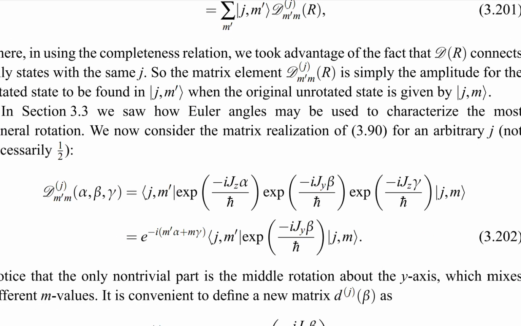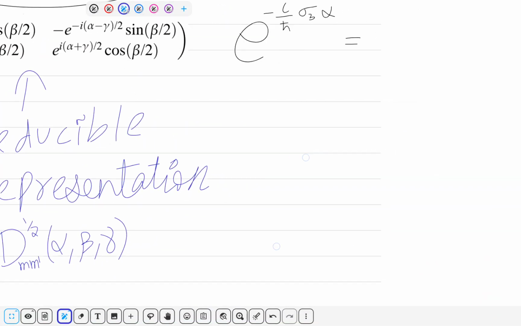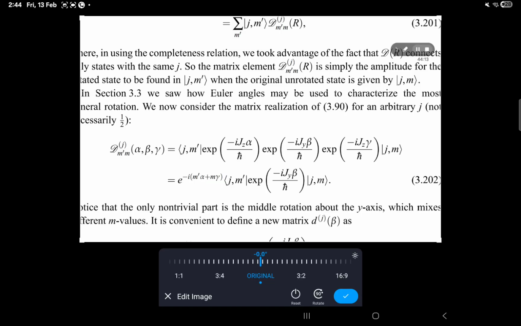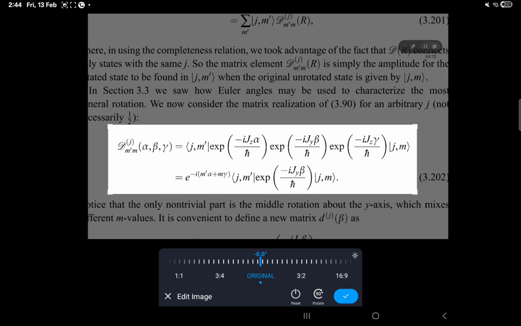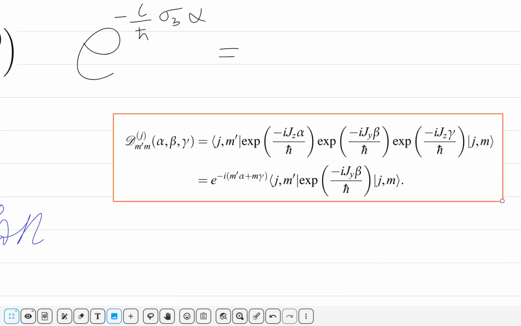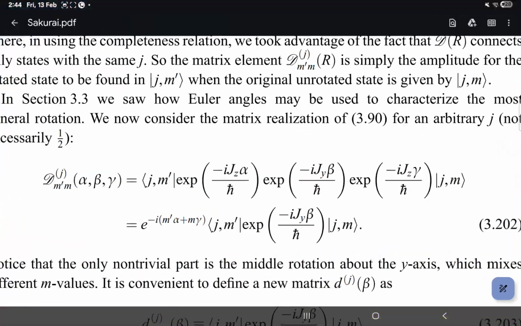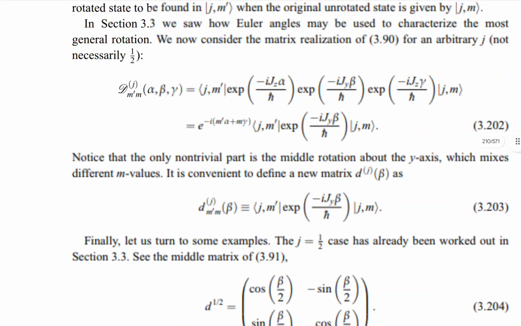This is an important result. So what we have is, I don't know what we call this matrix.